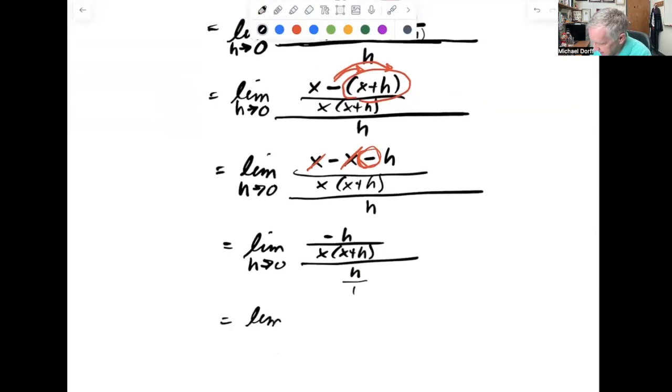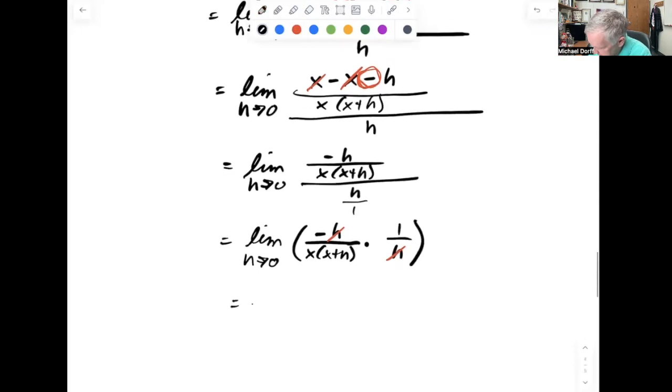And so I have the limit as h goes to 0. And because I have a fraction over a fraction, I can rewrite that as a multiplication problem, because a fraction over a fraction is a fraction divided by a fraction. So I'll write that as the first fraction here, and I'll multiply by the reciprocal of the second fraction, which is this. All right, and then I can see I can cancel out the h's here.